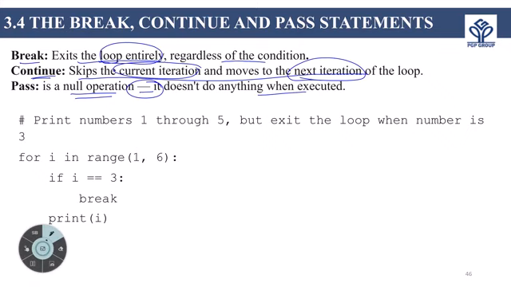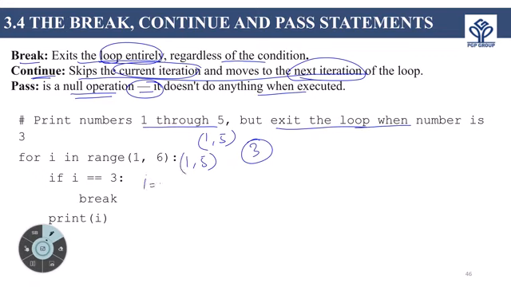Okay, print the numbers 1 through 5 but exit the loop when the number is 3. We are using numbers 1 to 5, but when the number comes to 3, exit the loop. Okay, for i in range 1 to 6, we are using 1 to 5, clear?